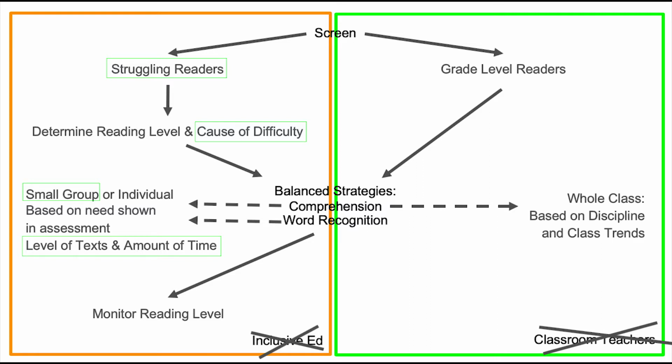So once we have these two groups separated, I'm going to talk about the grade level readers first. With grade level readers, we still want to be able to put in place some balanced strategies, specifically in the secondary schools, that will increase their comprehension. So what can we do that will help them as they are trying to grasp more and more sophisticated text as they get older?